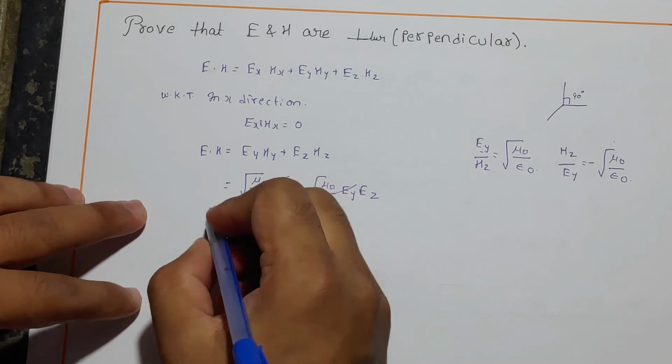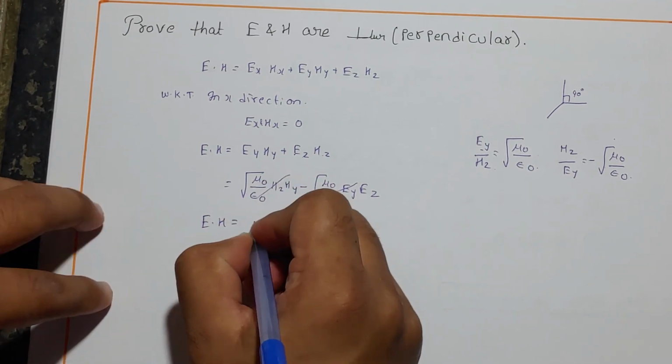This could be equal to 0, that is E dot H could be equal to 0.